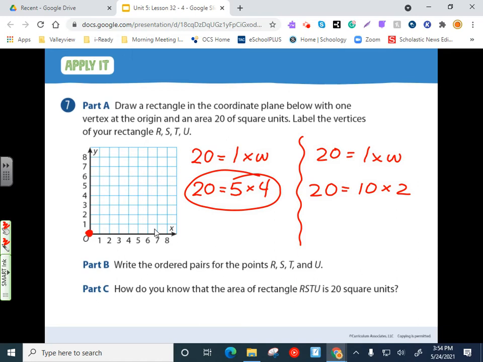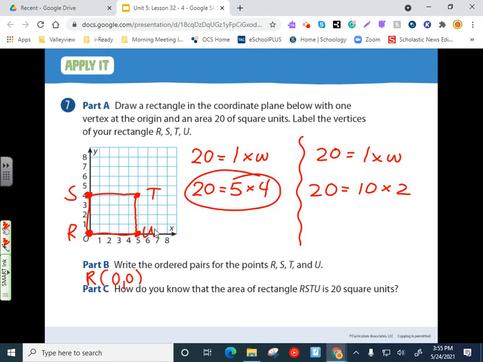So what I'm going to do is I'm going to go up 4 units. 1, 2, 3, 4. And then I'm going to go over 5 units. 1, 2, 3, 4, 5. And then I'll get these spots for my rectangle. And it wants to label them R, S, T, and U. R is our origin.